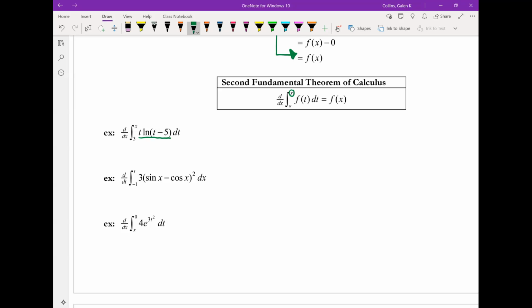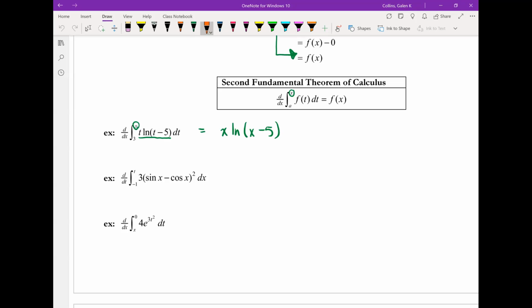We know that there's a dummy variable t because I see that this is an x. And so the derivative and the antiderivative are like inverse operations. We're left with x ln of x minus 5. So we get back the function in terms of our variable x.